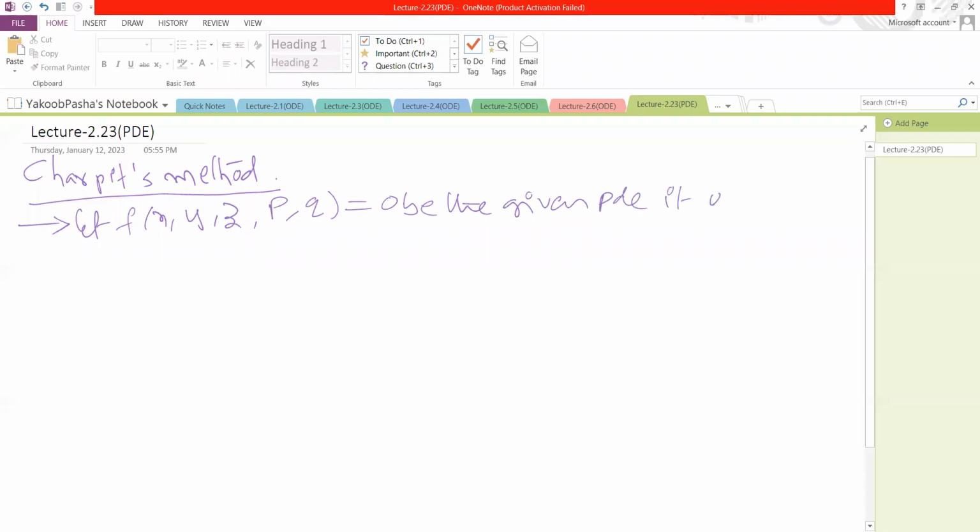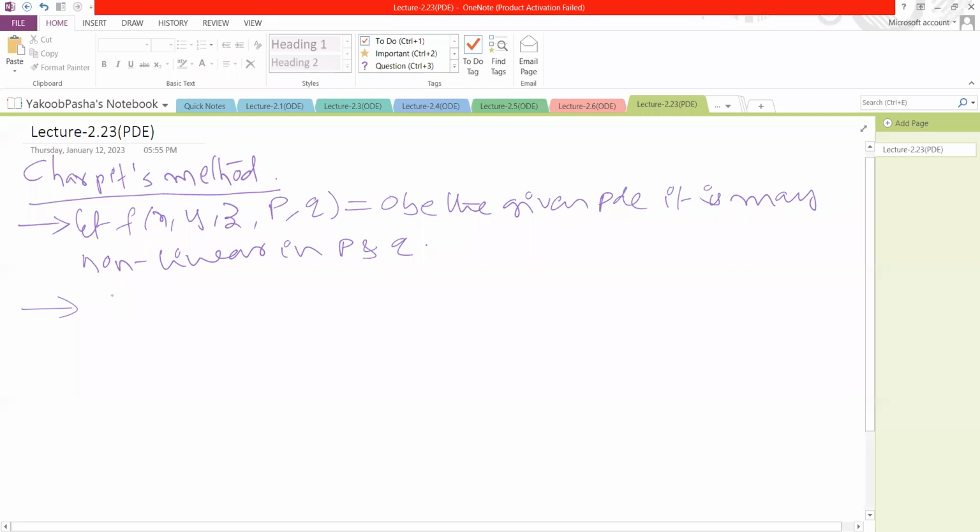It may be non-linear in p and q. In this case, we can take the Charpit's equations.